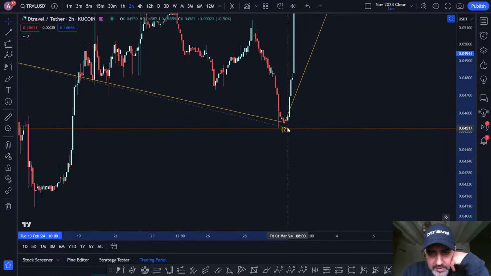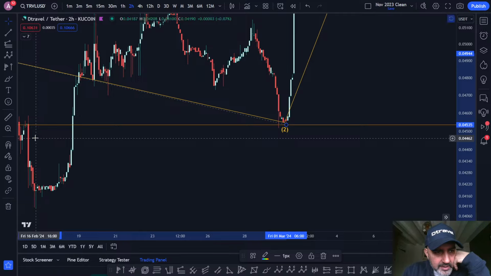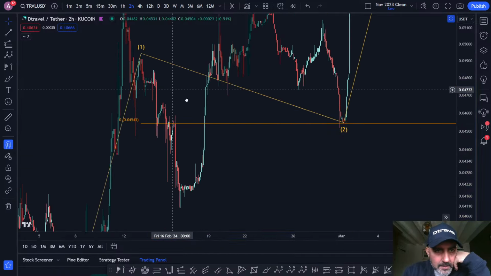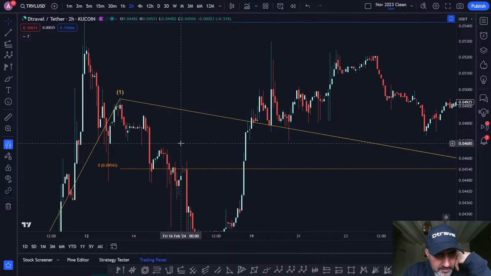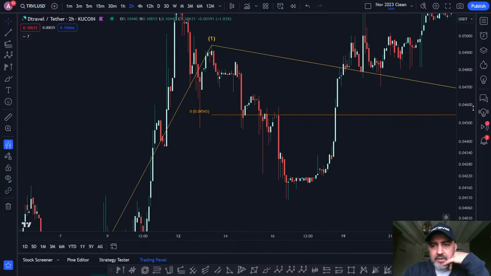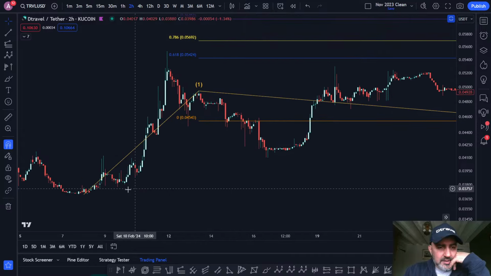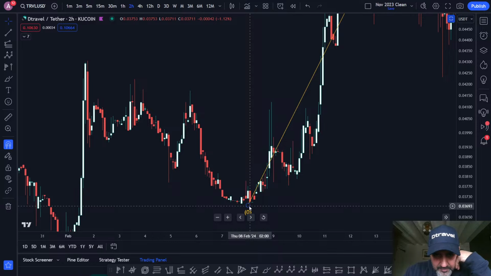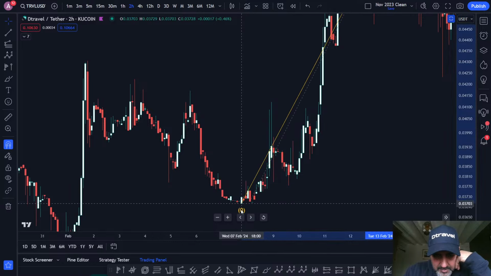So let me just mark it out, try and get it exact there, and then this is up to there. So I'm saying that 5 ended there, and then where does this 0 begin? Where is the 0? Well, I'll take it from the pivot. Where is the pivot? Probably there.